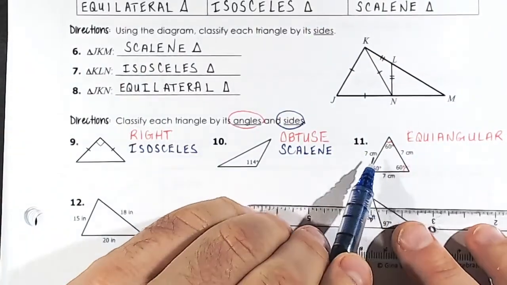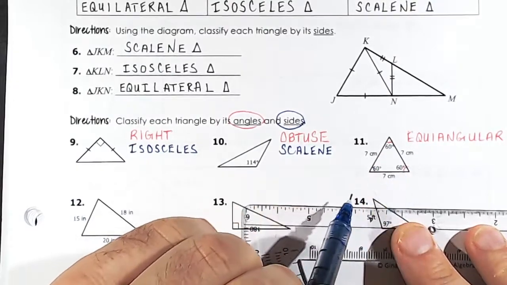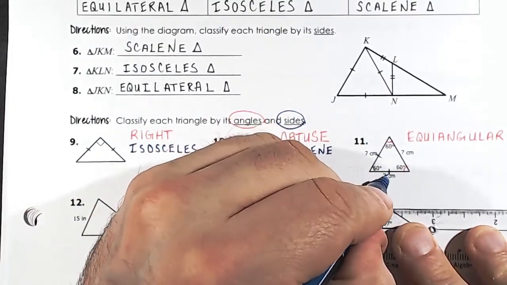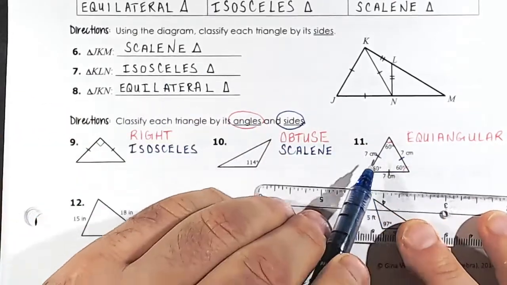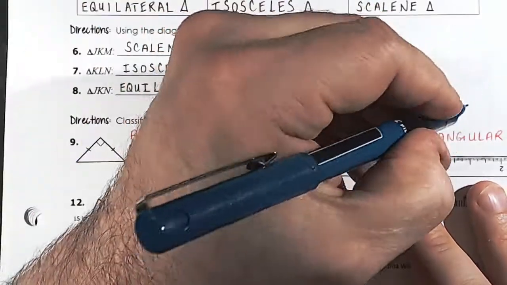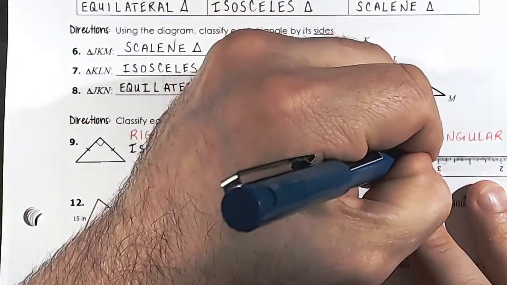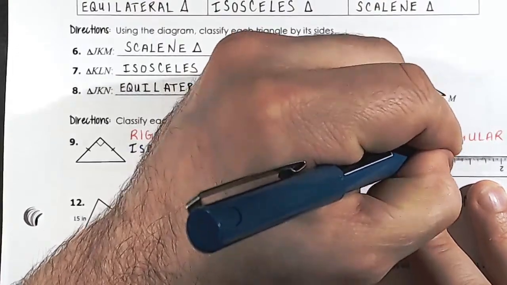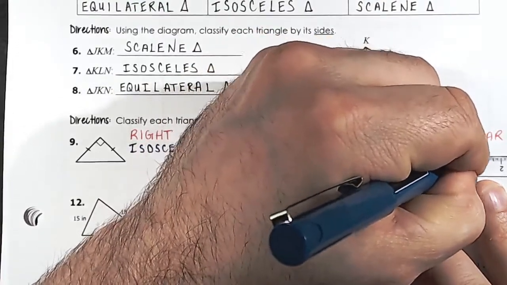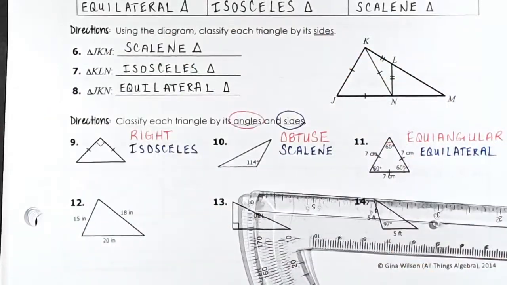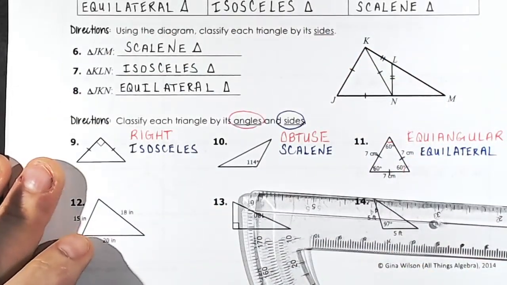And notice also that the length of the sides are the same, 7, 7, and 7. So they would have these little dash marks, and those are indicative of an equilateral triangle. So we have something that's both equiangular and equilateral.